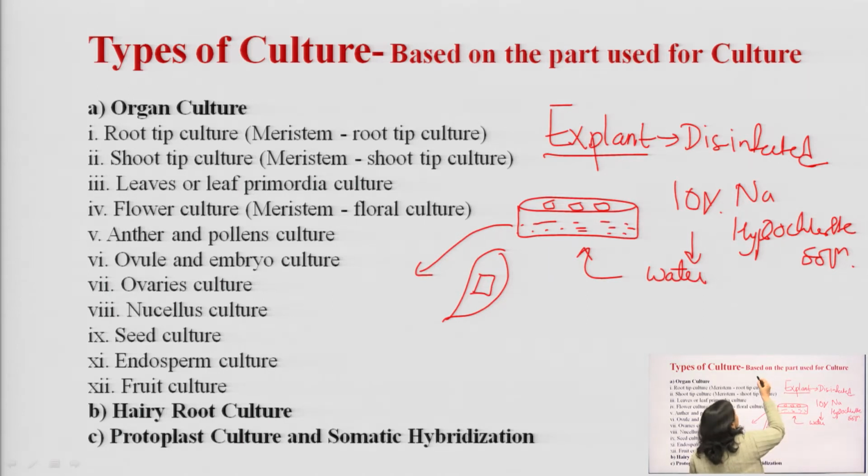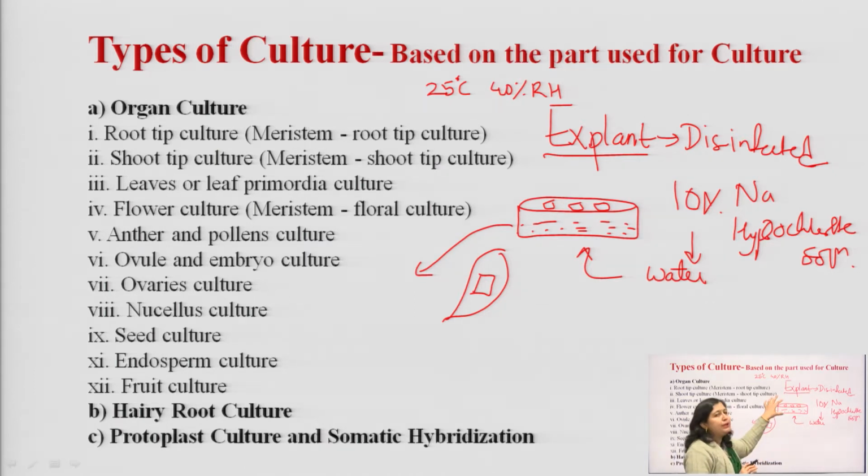Incubation will be generally at 25 degree centigrade with a relative humidity of 40%, and we will give a proper cycle of sunlight. Like in normal conditions, we have 12 hours of sunlight, 12 hours of no sunlight, okay, darkness. So, that cycle is there in the lab also.